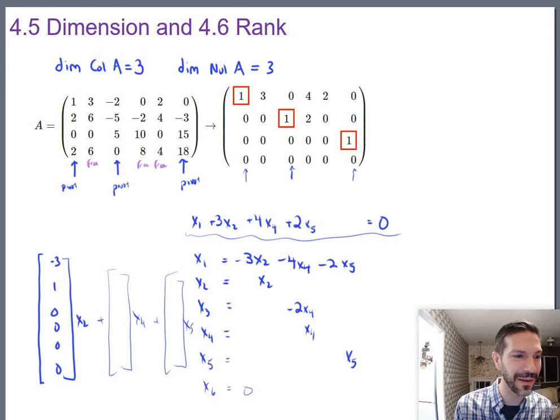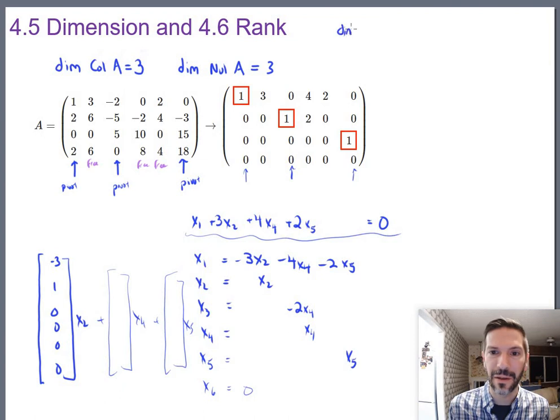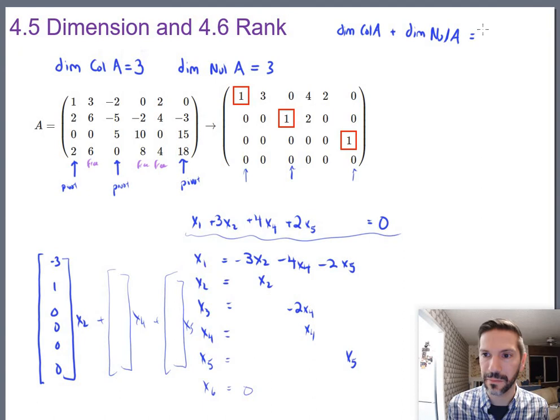So let's jot that down. That's worth having as a theorem. So dimension column space of A plus dimension null space of A equals number of columns in A, in the matrix we're looking at.